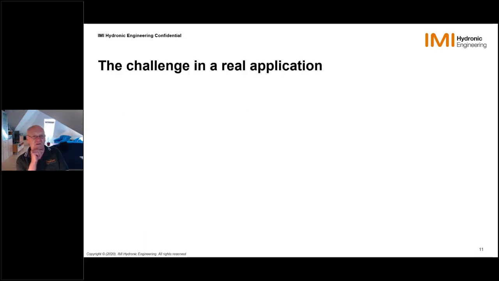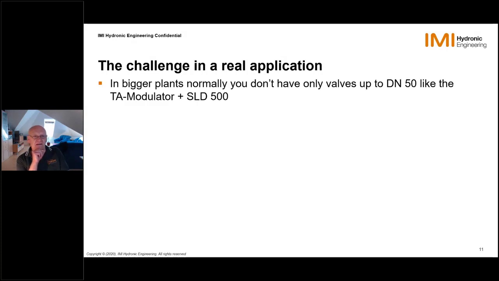In a real application, we can for sure say that we don't have only the 160 and slider 500 actuators. The 500 slider is mounted on a TN50 modulator, so that is not a big system when we have only TN50 valves.